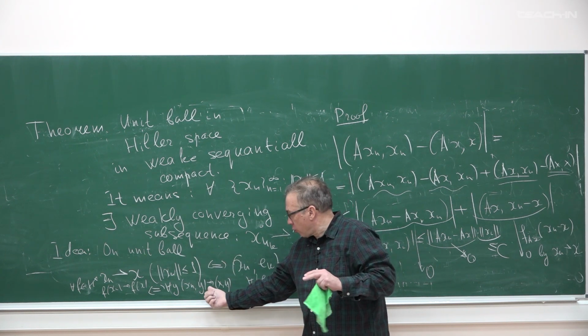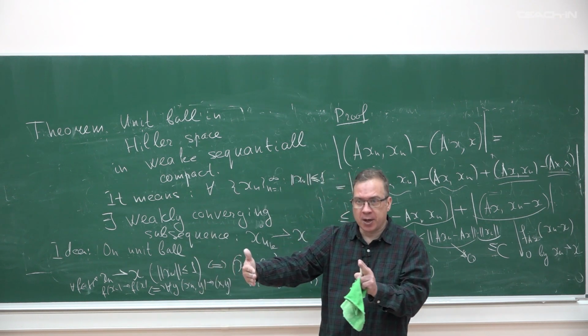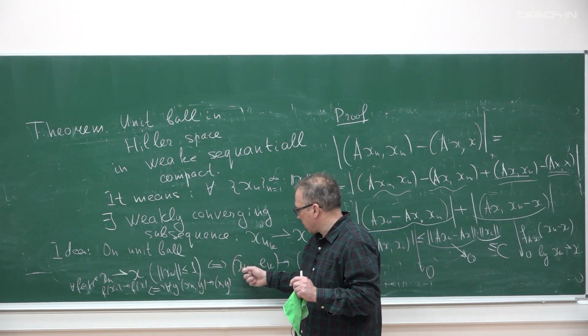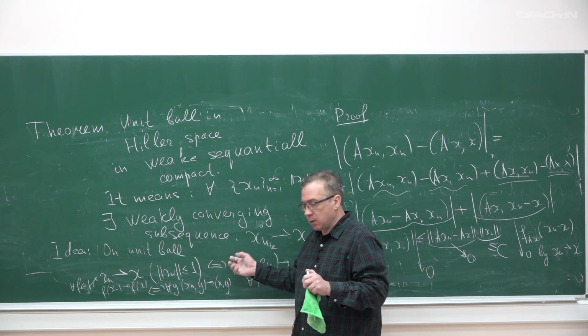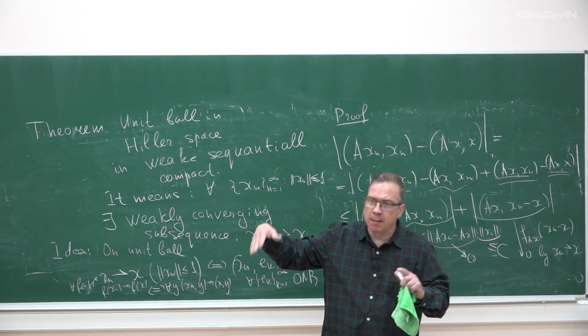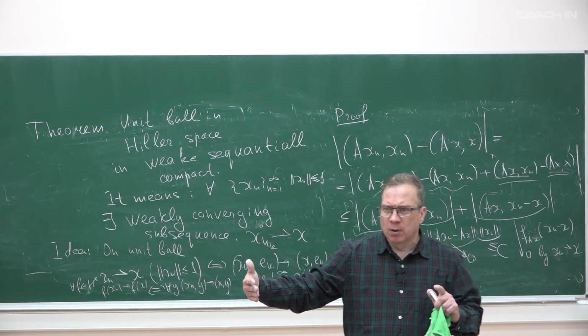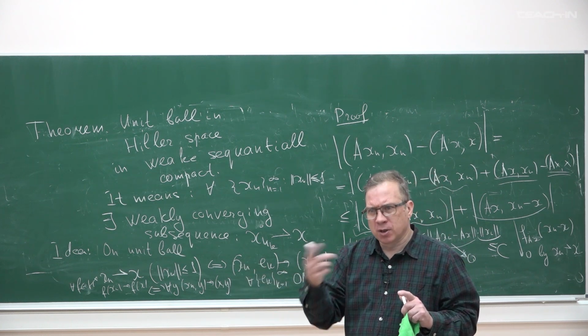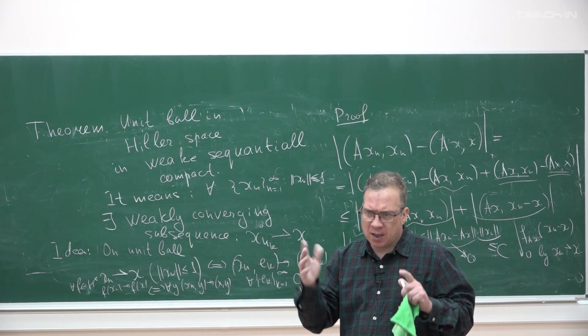So the tail of the norm of y you estimate by epsilon, and then you can find such an index that the first coordinates in the sum are less than epsilon. So we immediately obtain the convergence in the weak sense for any y. That's the idea.